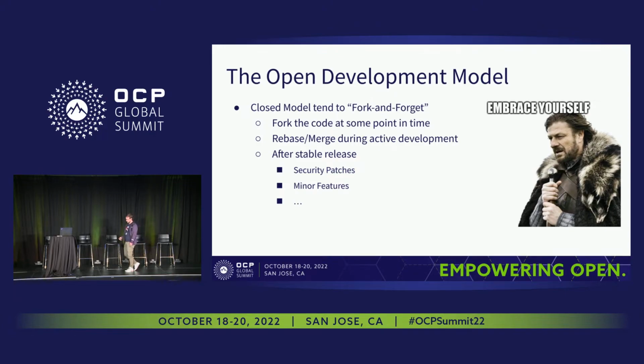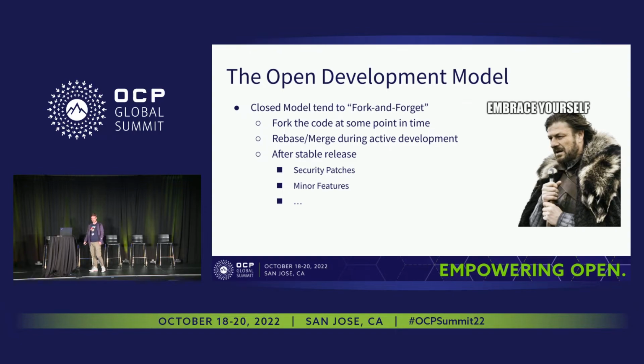During active development, that still gets rebased and merged, so that still gets updated. But at some point, when you are at a stable version, or when you get your system up and running and do stable releases, you only get minor features in, a couple of security patches, but the code itself doesn't evolve anymore, right?